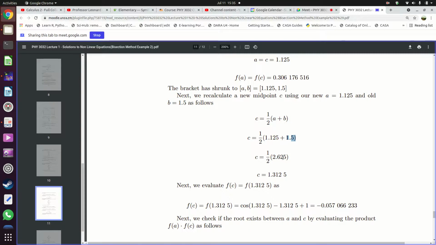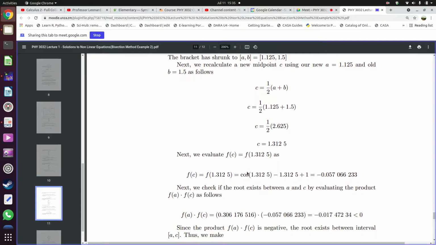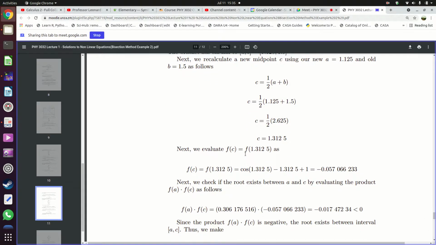Then half of 2.625 is C equals 1.3125. So this becomes our new midpoint.